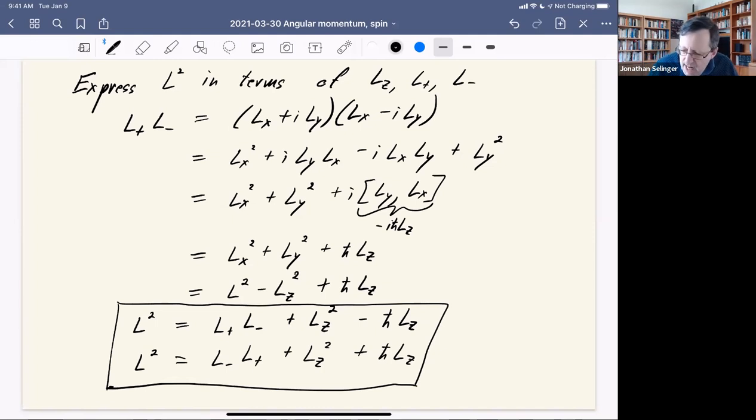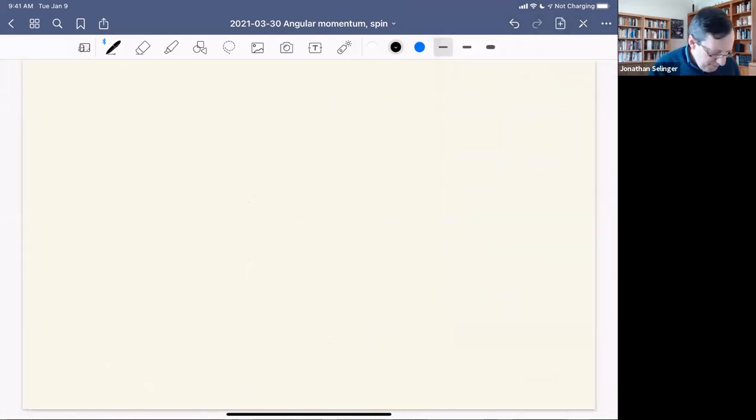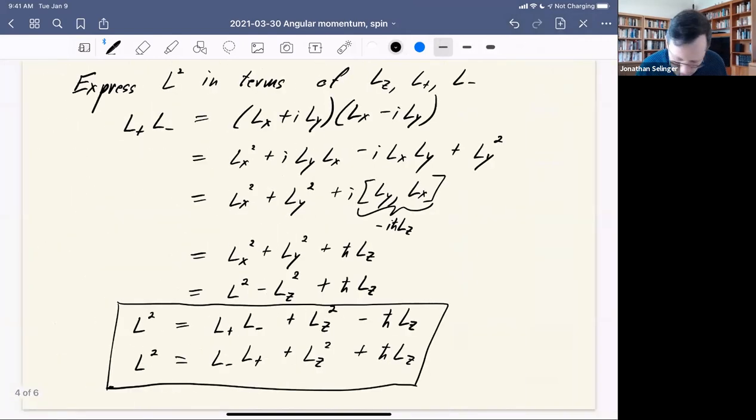Okay, so now we're in a good position to see what happens if we apply this to F top. If we have L squared acting on F top, well, let's use the second of these two relations.